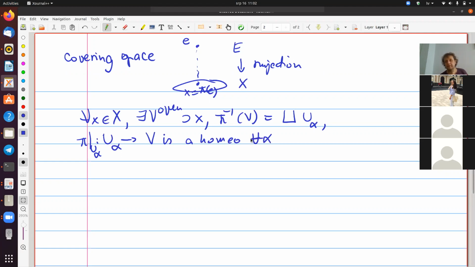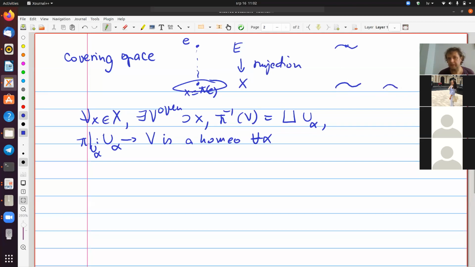So this looks very similar, but it's not the same as above. This is stronger. You see, in sheaf theory you have an open set here, and its image is homeomorphic.